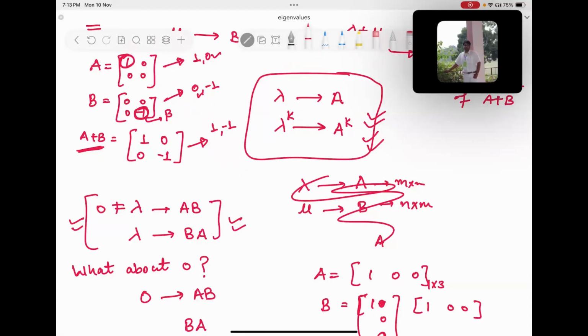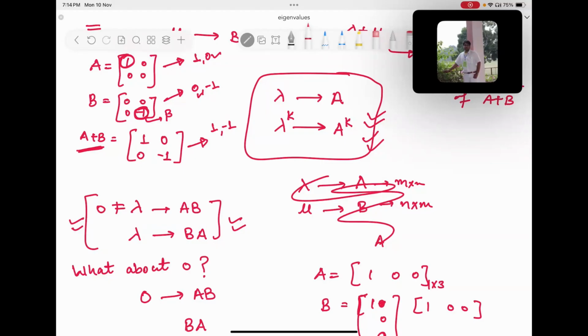But if it is given that lambda raised to the power k is an eigenvalue of A raised to the power k, does it always hold that lambda is an eigenvalue of A? No, not necessarily. For that you need to find an example, but it may not always hold. I am trying to find an example.